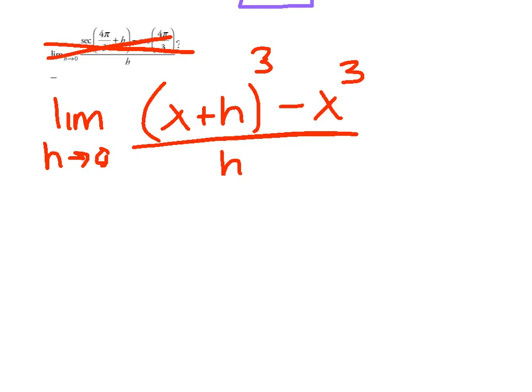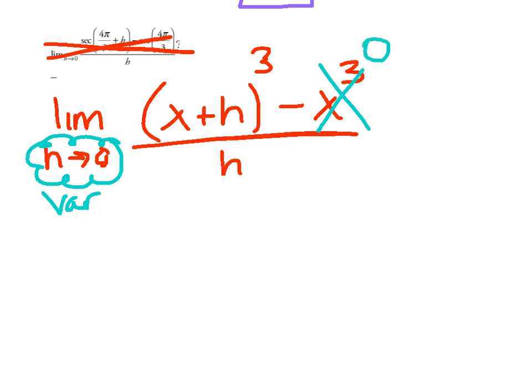All right, let me give you another example. The limit as h approaches 0 of x plus h cubed minus x cubed all over h. So again, if I were to plug 0 into h, I would get x cubed minus x cubed over 0, 0 over 0. We can go L'Hopital's. So again, h is treated as the variable. The x is going to be treated like a constant. So the derivative of x cubed is actually going to be 0.